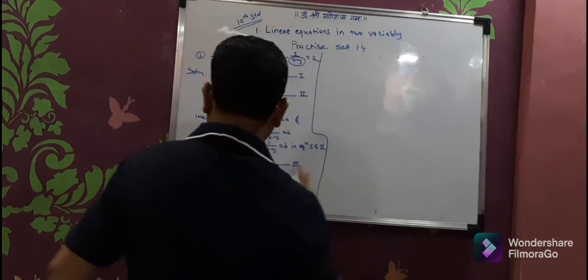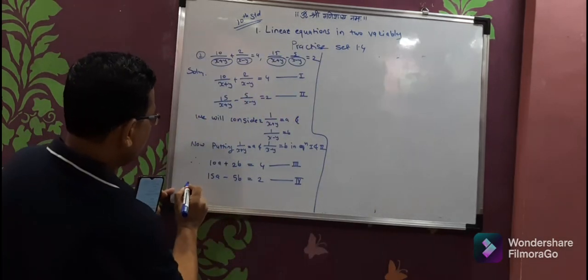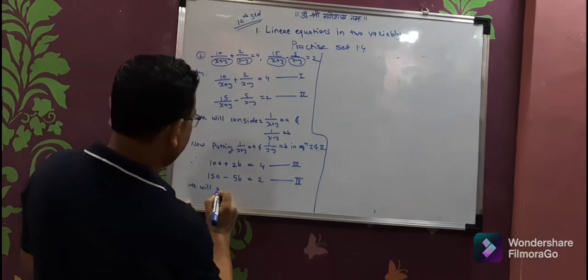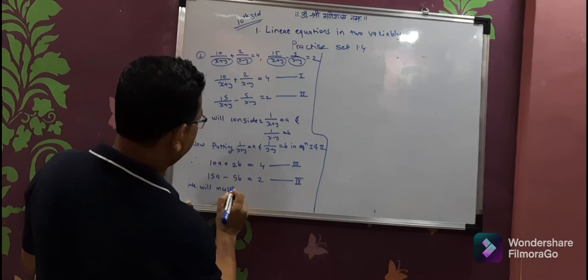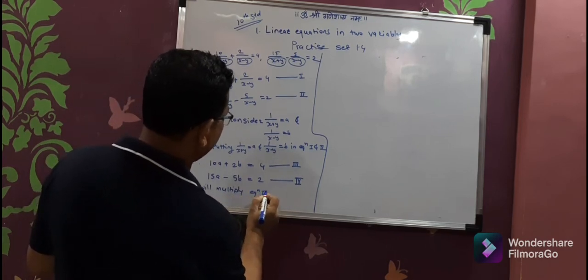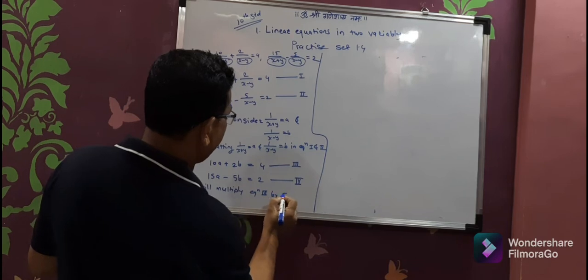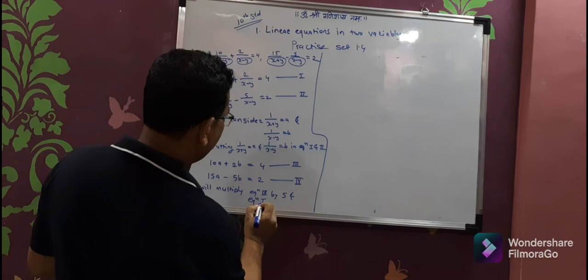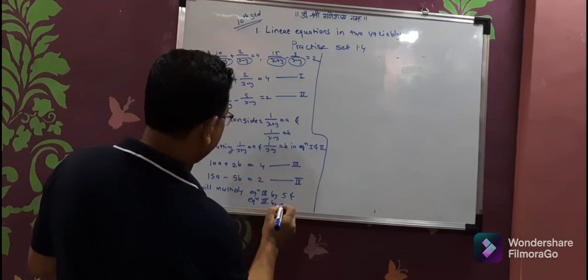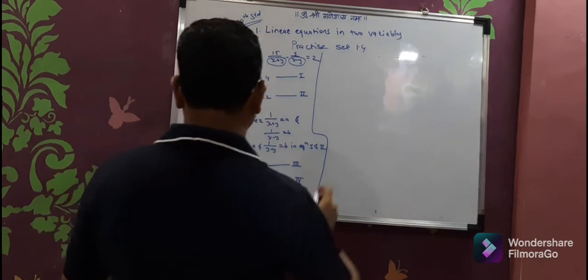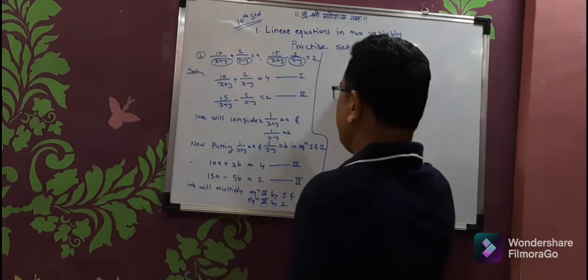So I will write down here: we will multiply equation 3 by 5 and equation 4 by 2.